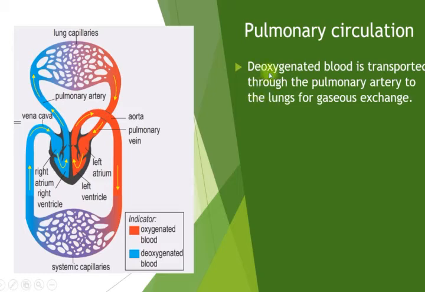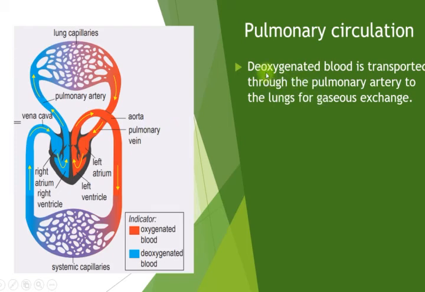Let's go to the pulmonary circulation first. Pulmonary circulation refers to the blood flow starting from the heart to the lungs, and then back to the heart.